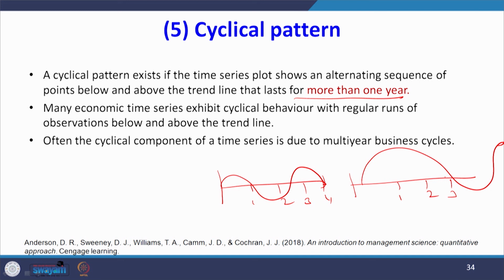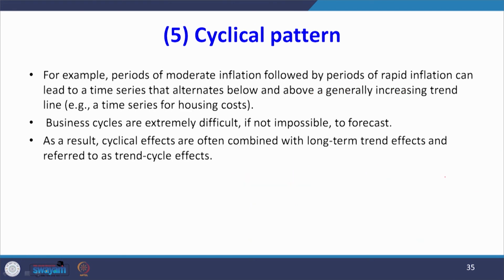Many economic time series exhibit cyclic behavior with regular runs of observations below and above the trend line. Often the cyclic component of a time series is due to multi-year business cycles. For example, periods of moderate inflation followed by periods of rapid inflation can lead to a time series that alternates below and above a generally increasing trend line.